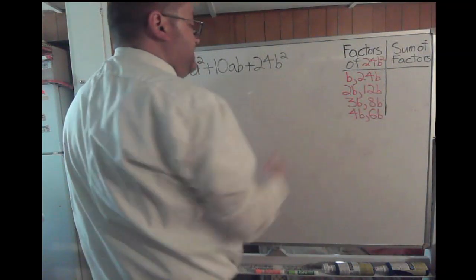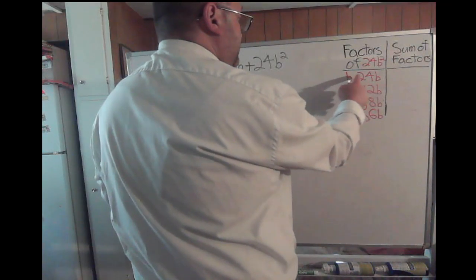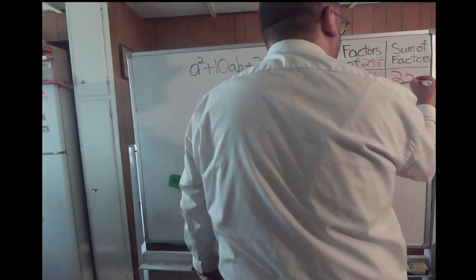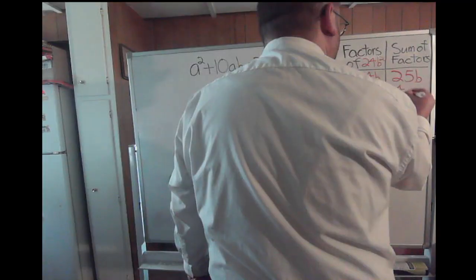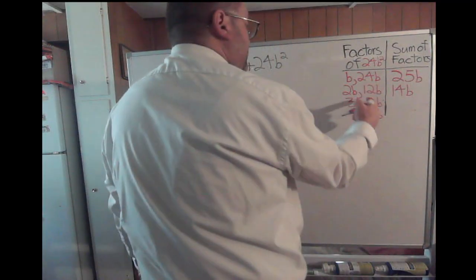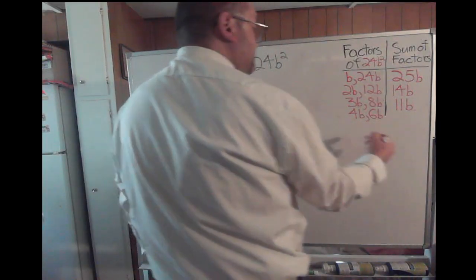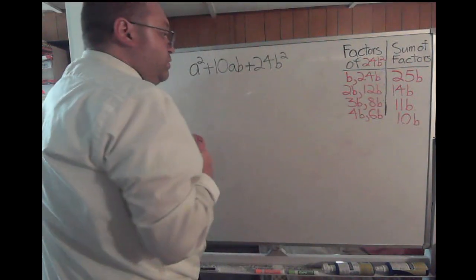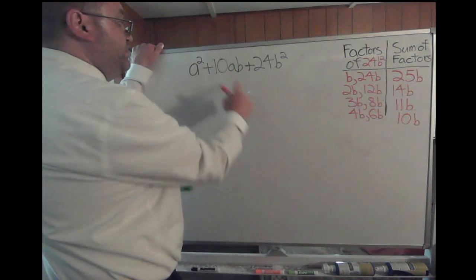Now if you add these factors, let's see, add the coefficient of b and 24b, you'll get 25b. How about 2b and 12b? You get 14b. How about 3b and 8b? Well, you get 11b. 4b and 6b, you get 10b. Which of the factors added together gives you the middle coefficient of 10?